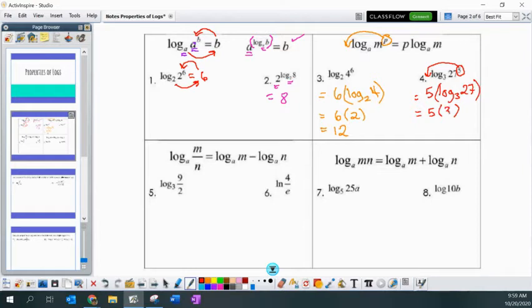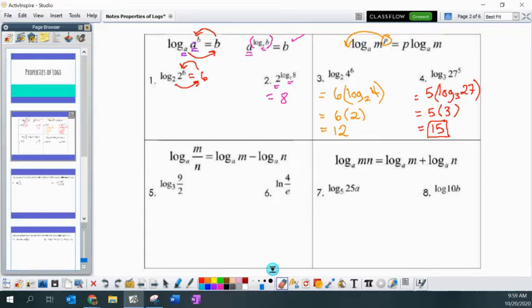That's just 3 to the 3rd power. 5 times 3 is 15, so the final answer is 15. Looking at the original expression, what we're saying is that 3 to the 15th power is equal to 27 to the 5th.